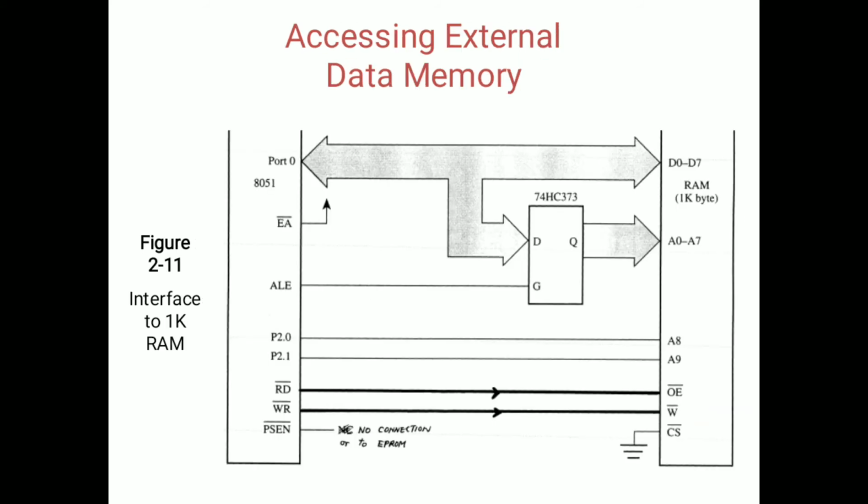Now suppose we want to connect external RAM or data memory. Then port 0 will be connected in the same way, and the ALE pin will be connected in the same way.